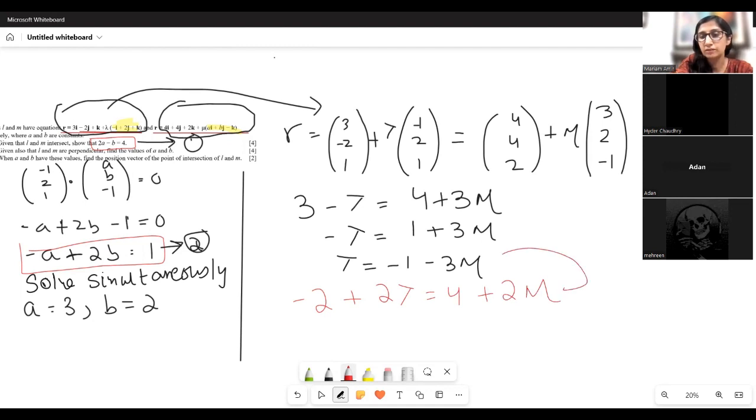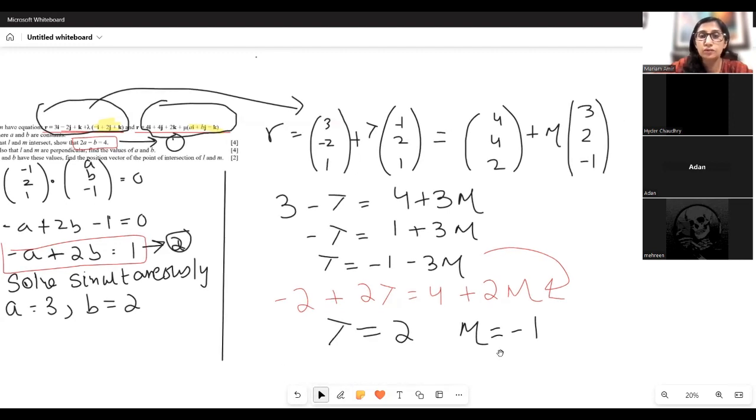You may substitute this here and you will solve this yourself and get the value of mu and lambda. Lambda should come out to be 2 after solving these simultaneously. And mu should come out to be -1. Now you put them back and you'll see you'll get similar coordinates on both sides.